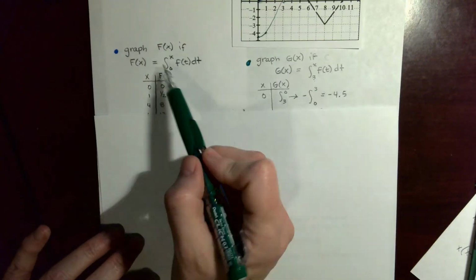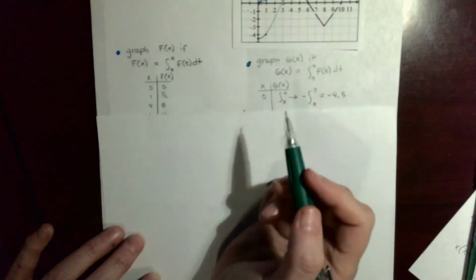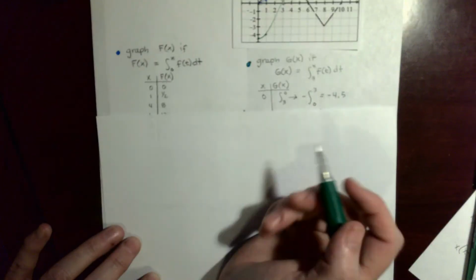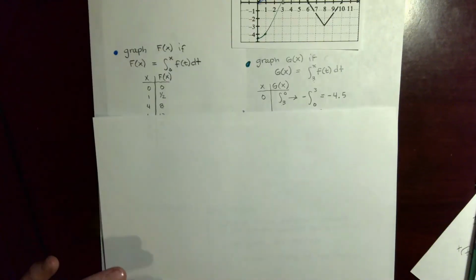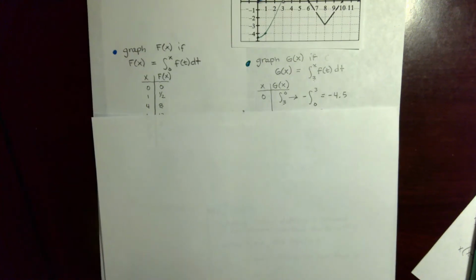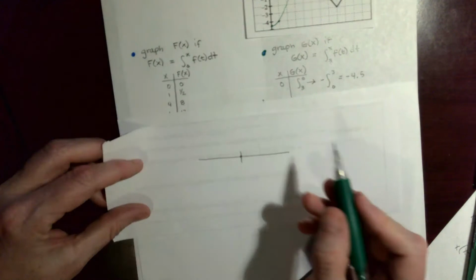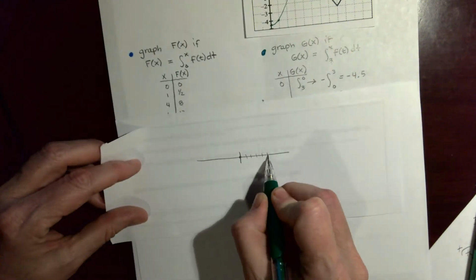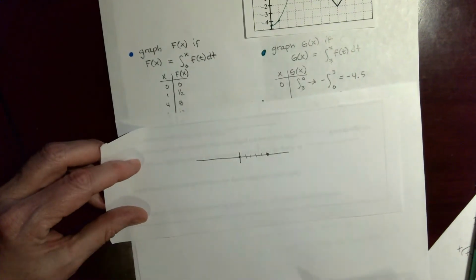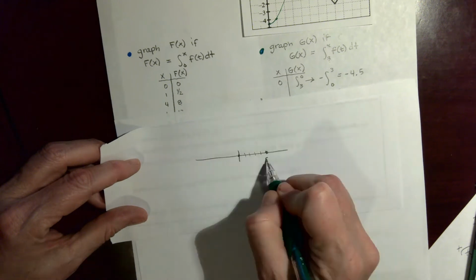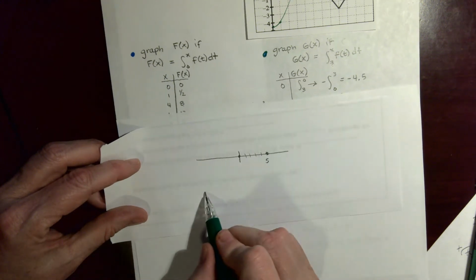Looking at what happens if this number starts from 0. Now, if it was always 0, and if I say, all right, now it's at 5.